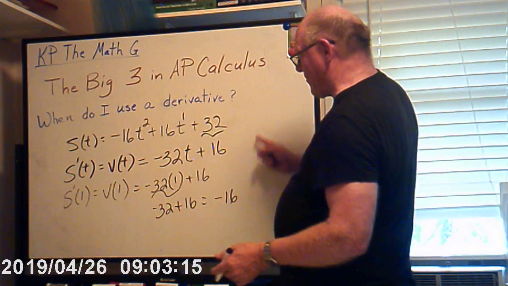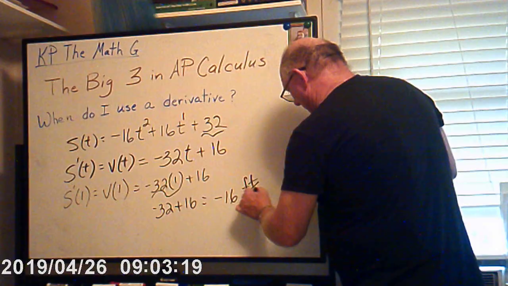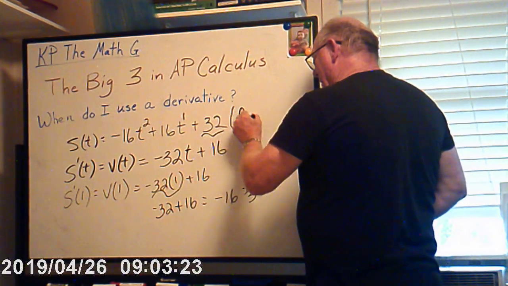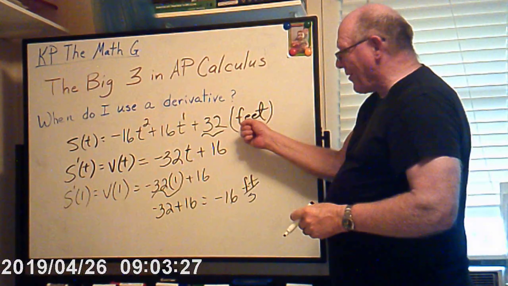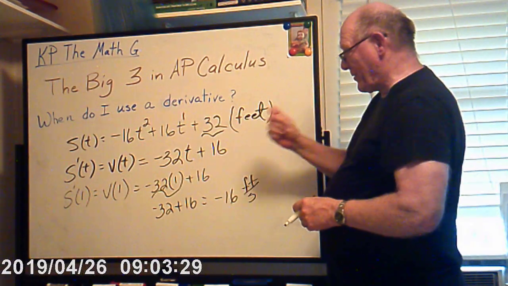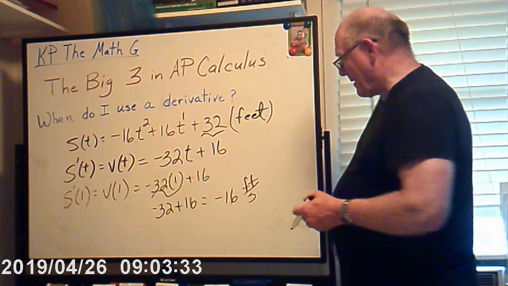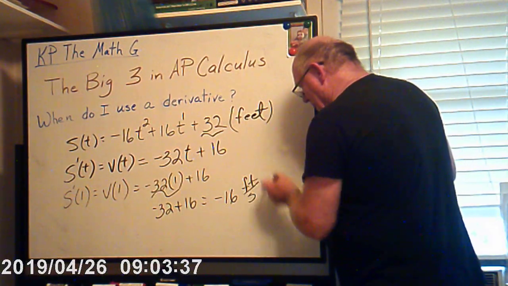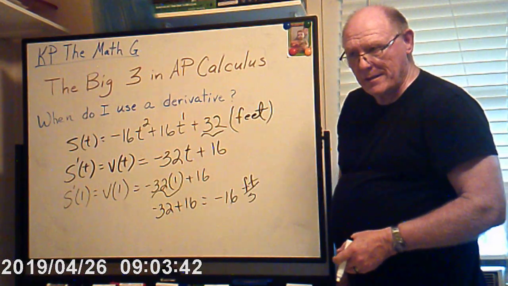If this was in feet per second, you're going to write this in feet per second. Incidentally, the position is going to be in feet if you're talking about feet, or it could be miles, or centimeters, a unit of measure like that. You're converting it to feet per second in this particular case.